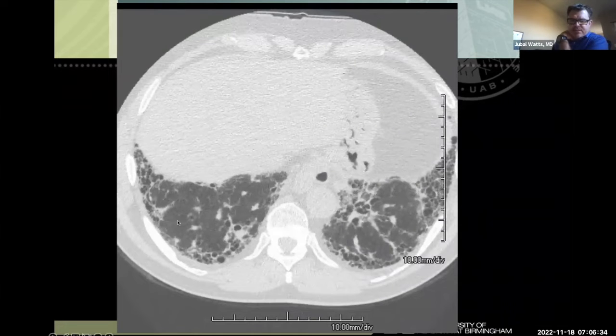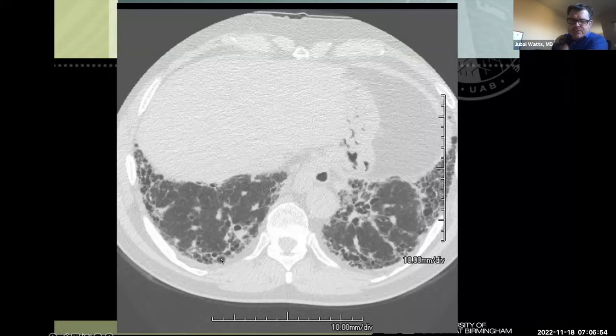One thing to realize is that there's normal lung here. It's not diffusely abnormal. There are some areas of normal lung, but around the periphery, so basilar and subpleural are the buzzwords for the distribution of this disease. Around the basilar and subpleural lung, you see these holes, and these holes are what we call honeycombing.